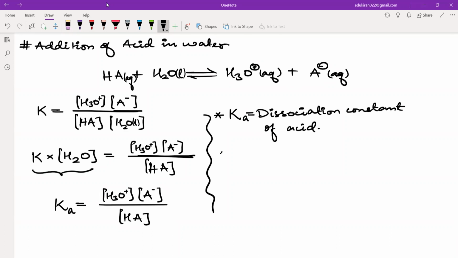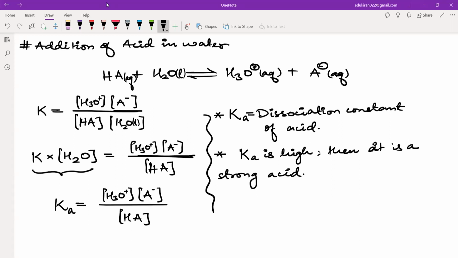So I can write, Ka is high, then acid is a strong acid.